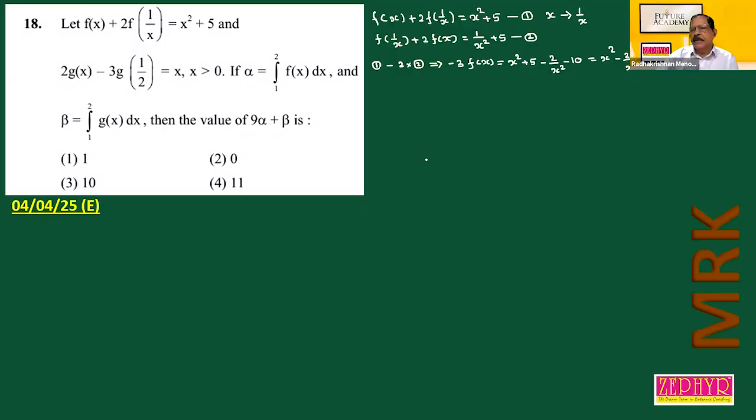This is minus 3 f of x. So you can find out f of x from here. Therefore, f of x is equal to, you divide by minus 3, you can write as 1 by 3 into, change the sign on RHS, you are getting 2 by x square minus x square plus 5.